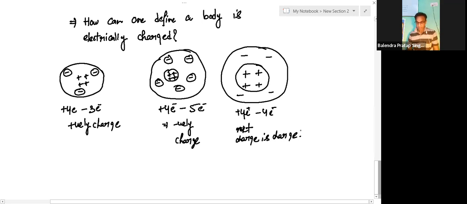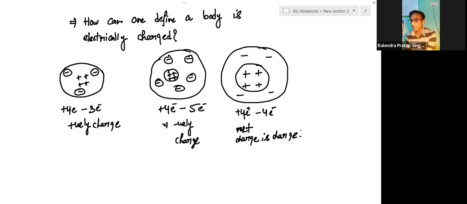So these are basically some basic points related to this electrostatic chapter. Okay, now the next part: how can we charge a body? One more important point is, whenever we talk about charging of a body, meaning a body is positively or negatively charged, we always consider electrons, not protons, because protons exist inside the nucleus. Whenever two bodies rub each other, or due to conduction or induction, electrons always get transferred.